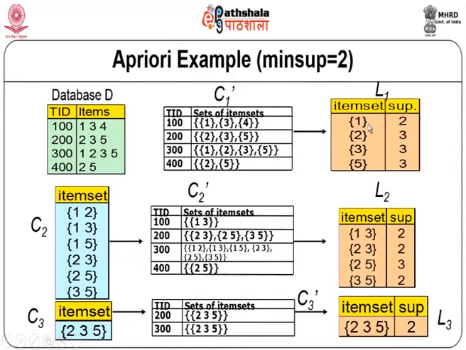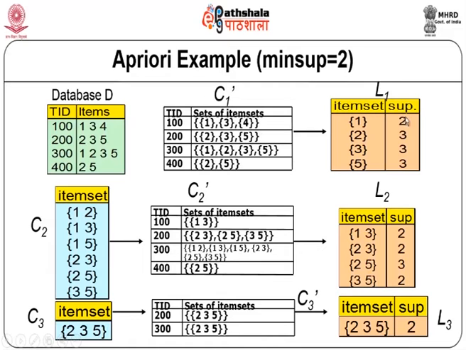Now, for each and every unique item, you will have to identify the frequency of occurrence. From the given set of transactions, if you count for item 1, you will find item 1 has occurred in transaction 100 and in transaction 300. Therefore, item 1 has occurred twice.